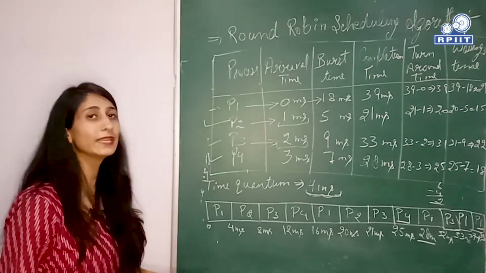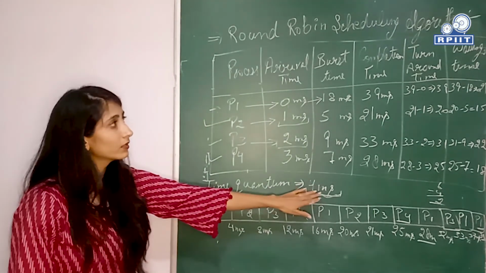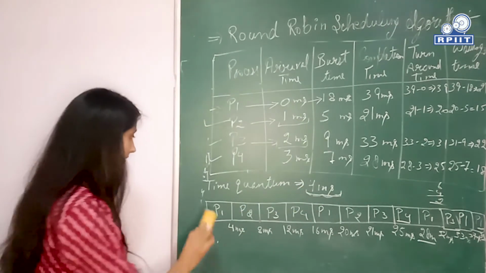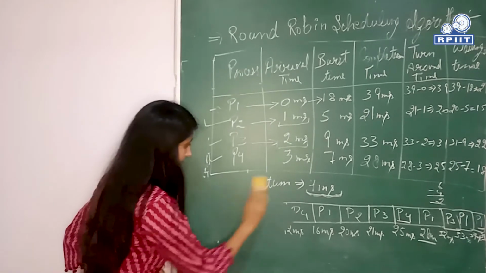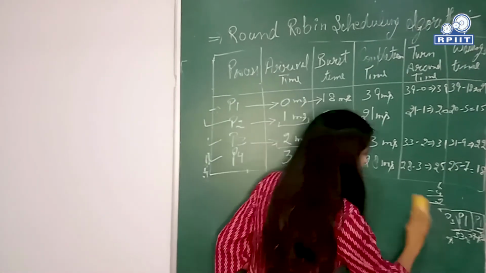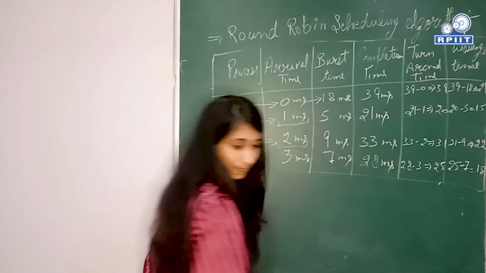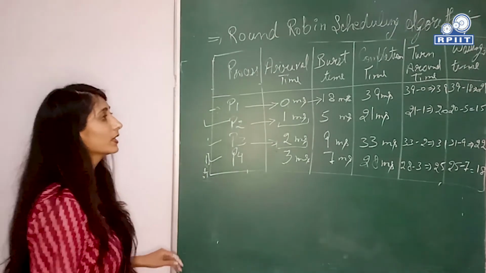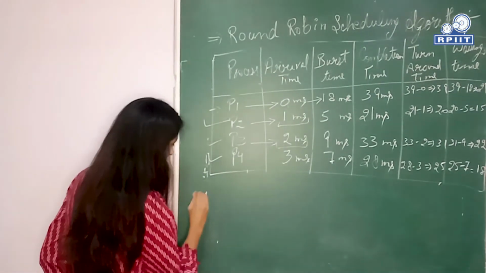Now we need to calculate the average turnaround time and waiting time of all the 4 processes.